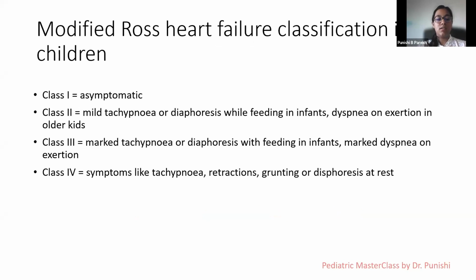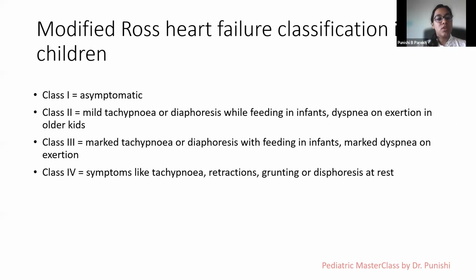Moving ahead, like you use the NYHA classification for heart failure in adults, we use the modified Ross heart failure classification in kids. So it's pretty much similar, but till about 7 to 10 years of age, you should mention that these are the kind of symptoms that the patient has, and hence I can classify class 3 or 4 of heart failure for this particular patient.